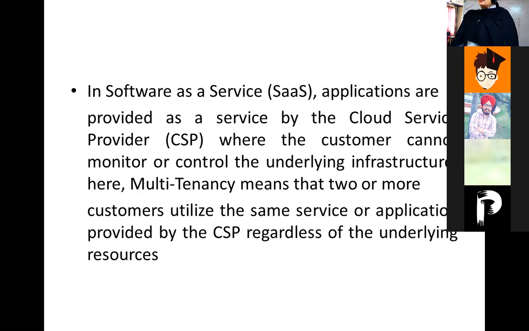That concept is called multi-tenancy in software as a service. The cloud service provider is providing the service for multi-tenancy, but keeping in mind that the customer cannot monitor or control the underlying infrastructure. The underlying infrastructure for Gmail or Yahoo, we cannot control.